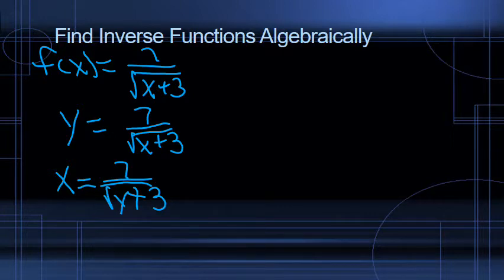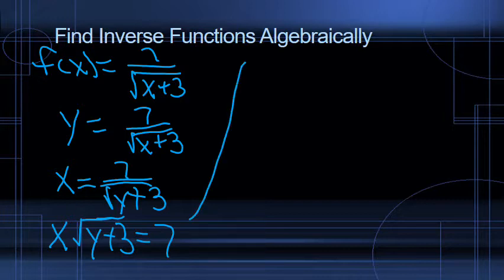Well, let's multiply both sides of the equation by this square root of y plus 3. So now I have x times the square root of y plus 3 equals 7.